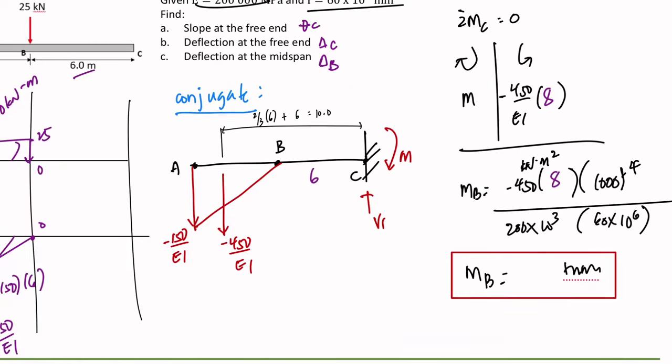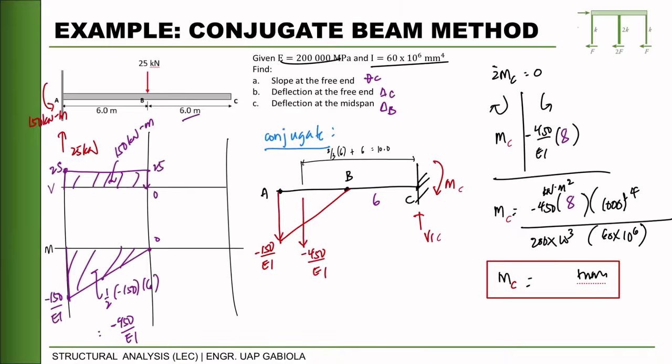Sorry for the wrong annotation. C, C, C, C, C. And then this should be 10. Okay, negative 450, 10, 1,000 raised to 4, 200,000, 60 million. Okay, this is correct. Negative 375 millimeters.